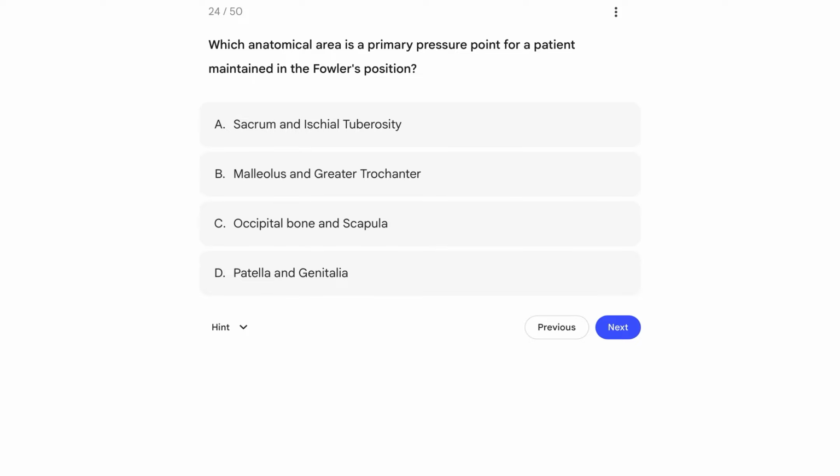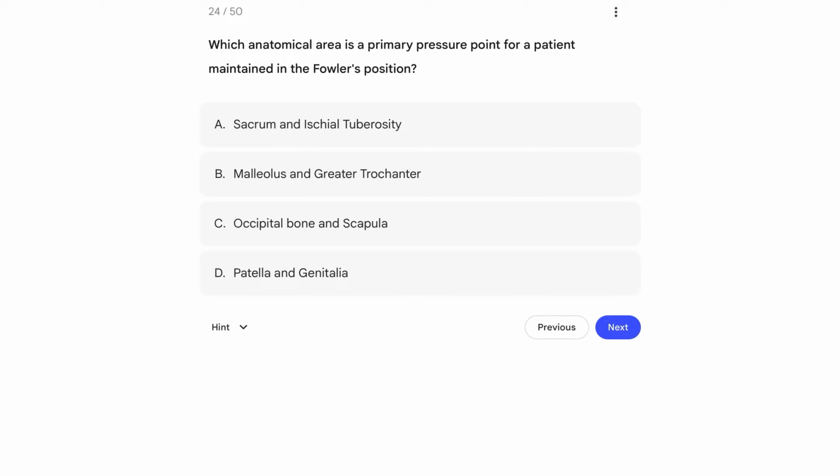Option C. Option A. B and D is... See, malleolus and greater trochanter is for lateral position.